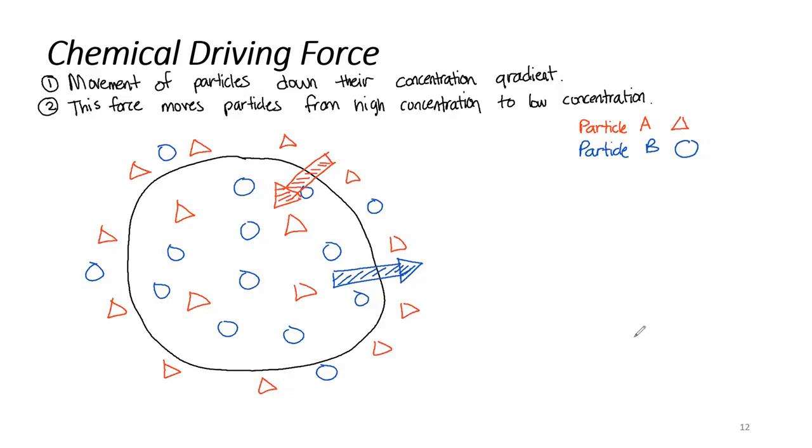We want to make a note here that the membrane is permeable to particles A and B. This is the only way that we can honor the chemical driving force. The membrane has to be permeable to the particle in question.